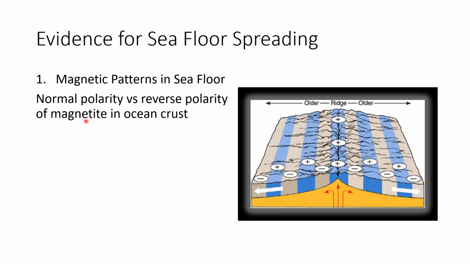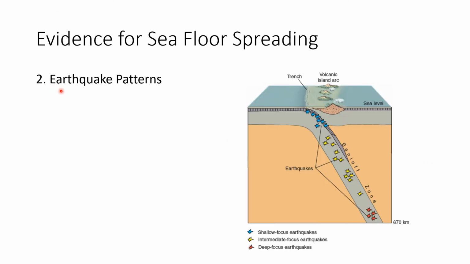Magnetite lines itself up in freshly forming seafloor to point towards wherever the magnetic north is. So we have this banding that shows that magnetite will line itself up to point towards the North Pole when it's being formed at the ridge. And then as it gets older and spreads away from the ridge, you get this layered effect of magnetic patterns.